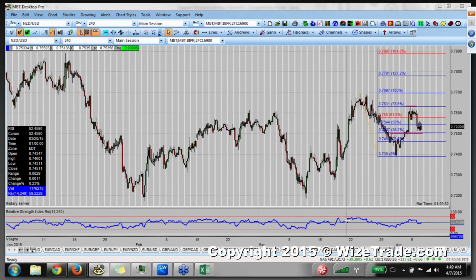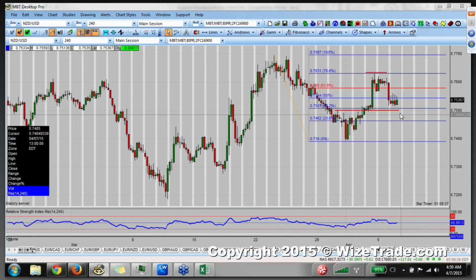So here's the Kiwi. Now, the Kiwi dollar is being supported. This is the support we wrote down yesterday, at 75. It's being supported strictly because of the Aussie. The Aussie is helping it stay elevated. The levels are still the same from yesterday: 76.30 and 75.